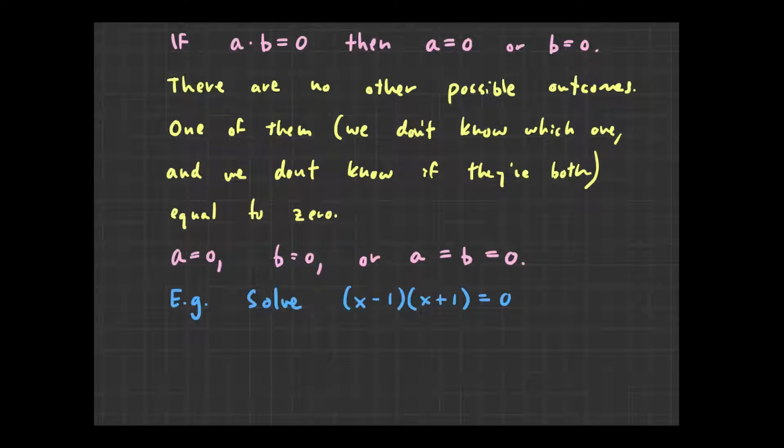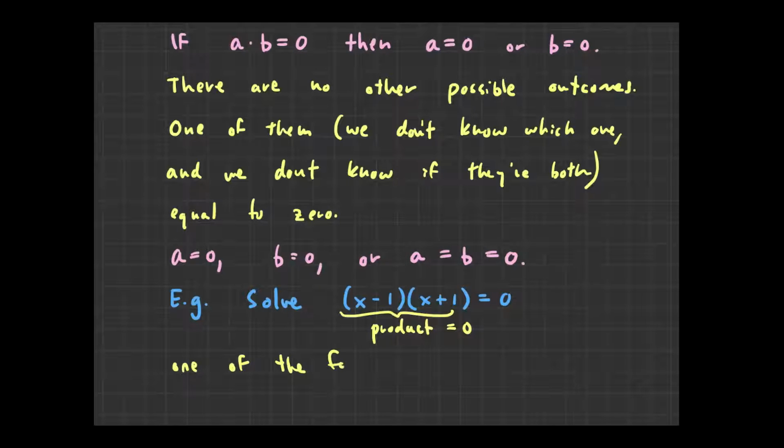Yeah, you're bang on. I'm going to rewind a little bit just so we can start from the beginning, but you got right to the punchline. Because we have a product that's equal to 0, that must mean that one of the factors must be equal to 0.